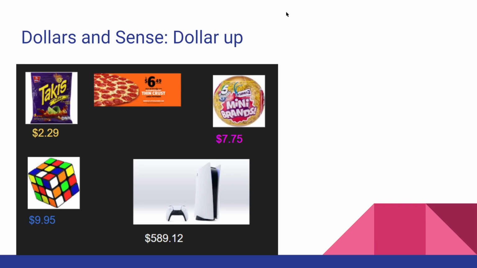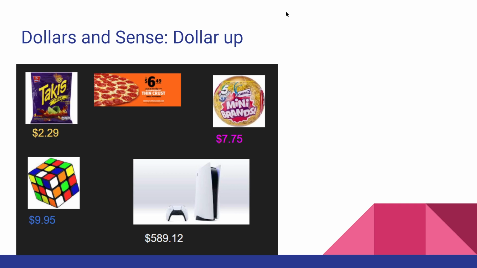So for the first one here, where it says the Takis, which is something that students really love these days, it used to be Flamin' Hot Cheetos in my day. $2.29. You cover up the 29 cents, you have $2. And you want to hand them $3. So you just do 2 plus 1 is 3. Next one is $6.49. Cover up the 49. 6 plus 1 is 7. $7.75. Same thing. You're going up to 8. $9.95 puts you up to 10.